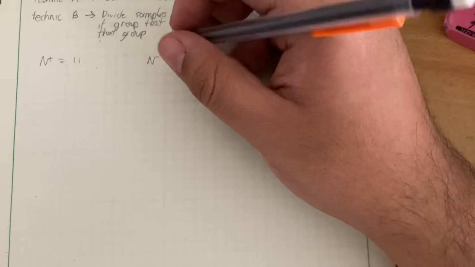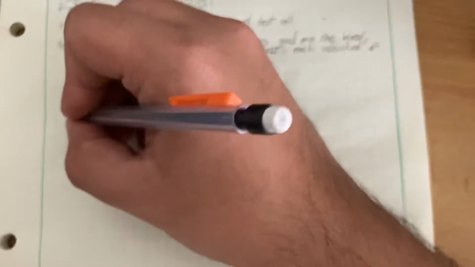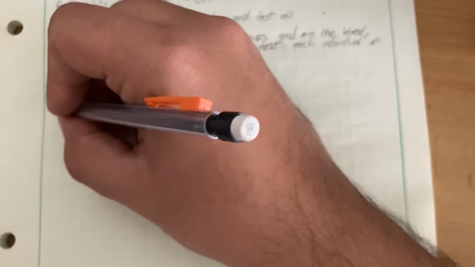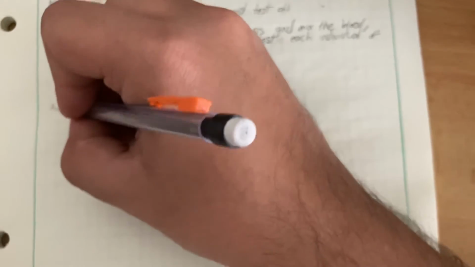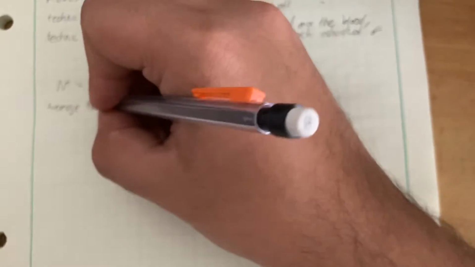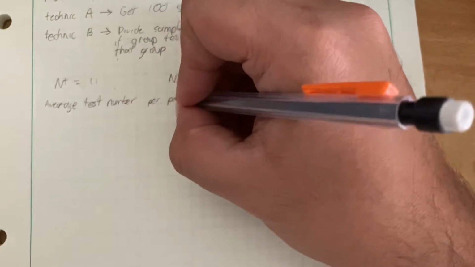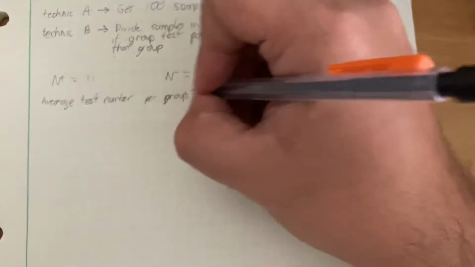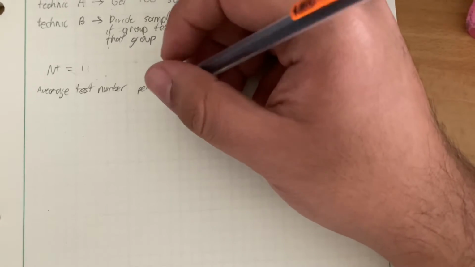Now, the average number of tests per group is going to be defined by the next equation.